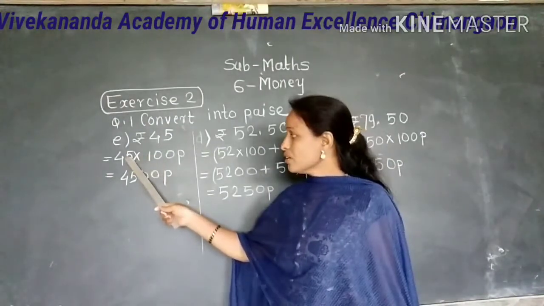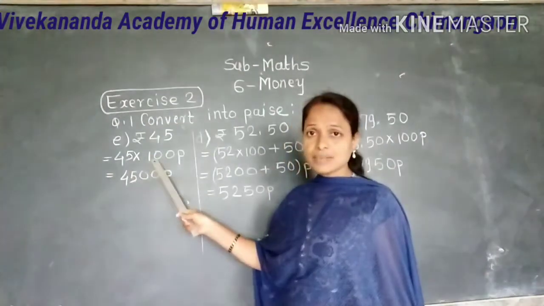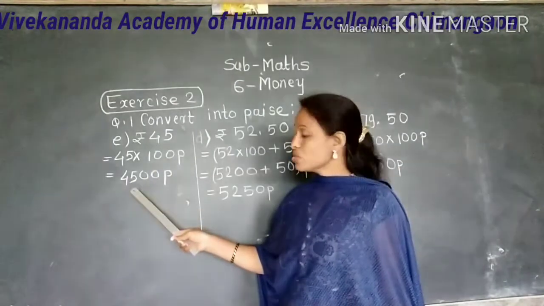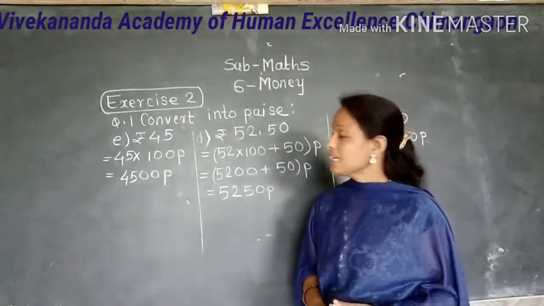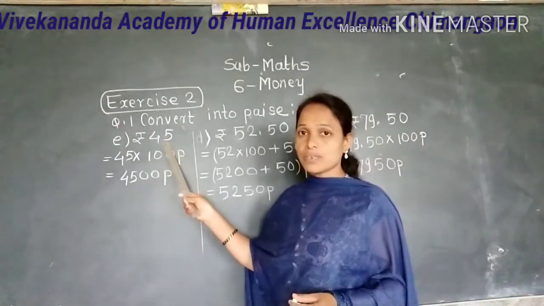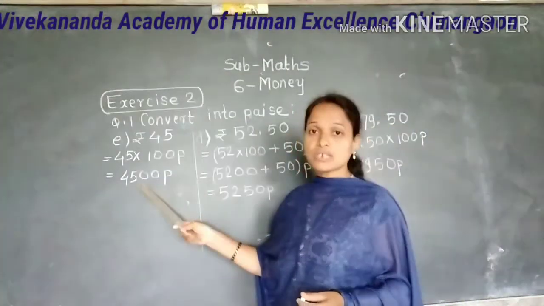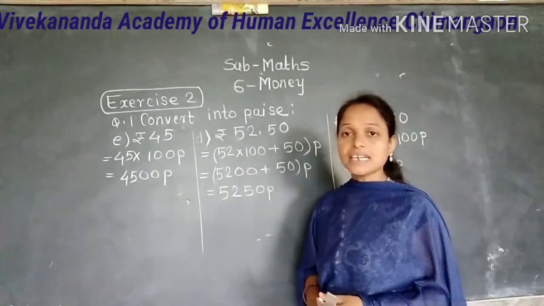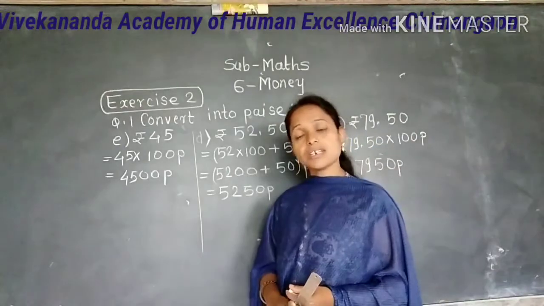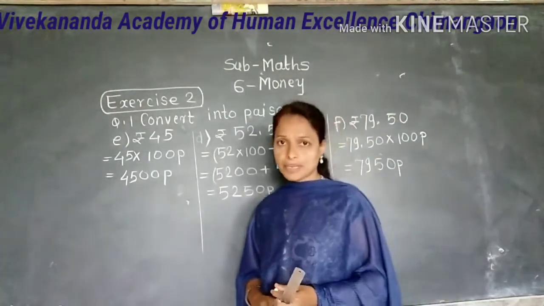Okay. So here write 45 and put two zeros to the right of the number. So here we get number 4,500 paise. In this way 45 rupees converted into 4,500 paise. By multiplying a given number by 100, we converted rupees into paise.